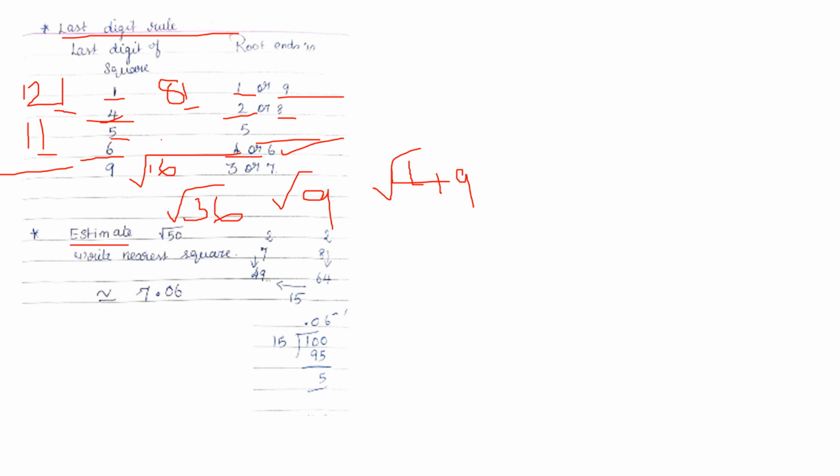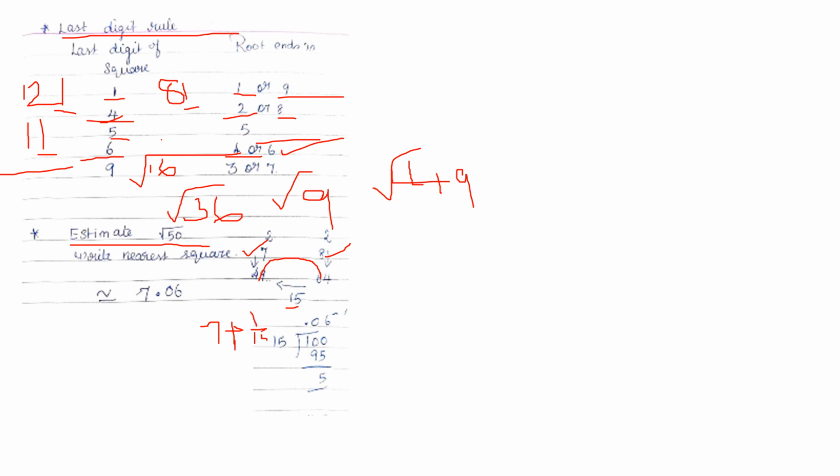Next question: estimate the square root of 50. Earlier we used only the long division method to find square roots. But in the max trick, you have to write the nearest squares. For 50, the nearest square is 7 squared, 49, and the next square is 8 squared, 64. You subtract 64 minus 49, it will be 15. So 7 squared is there, so 7 plus 1 by 15.